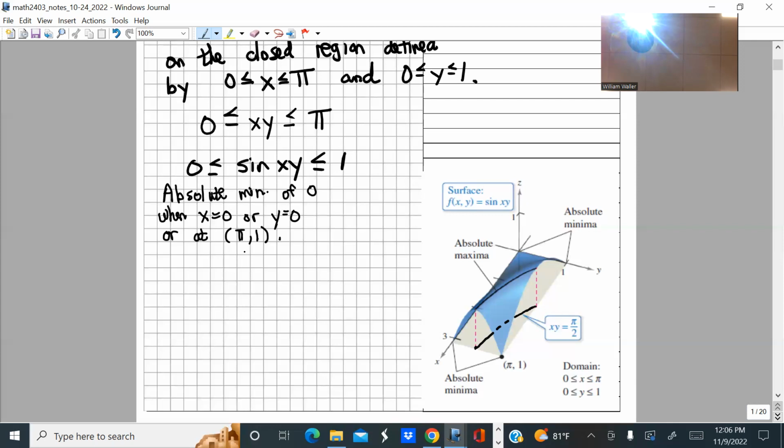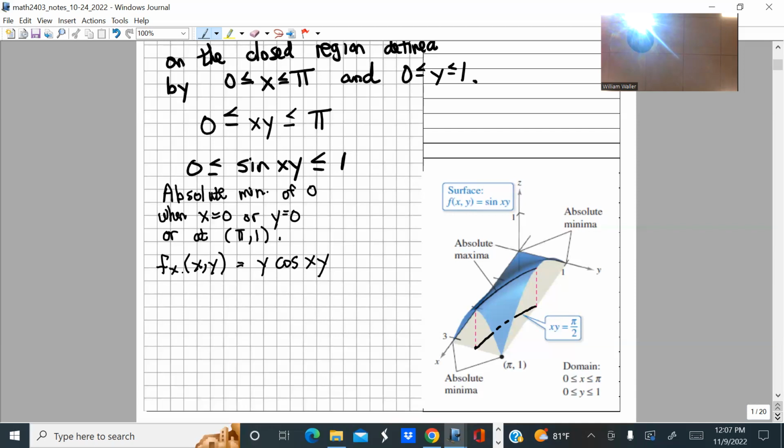Take the partial derivatives. So, what does the partial derivative of this function look like? What's the partial with respect to x there? Yeah, y times cosine of xy. Perfect, right?